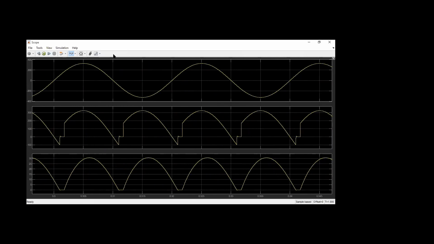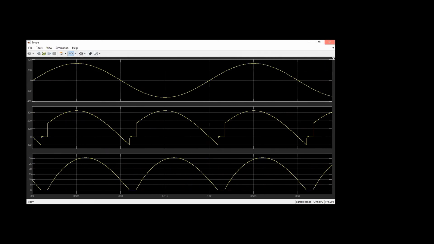If you consider RLE, only one extra thing will come: from where you need to start, it may be 100 volts or 200 volts. I hope this is clear. This is thyristor based. In the same way, you can consider the uncontrolled one also. Uncontrolled has no firing angle, so conduction comes without delay.